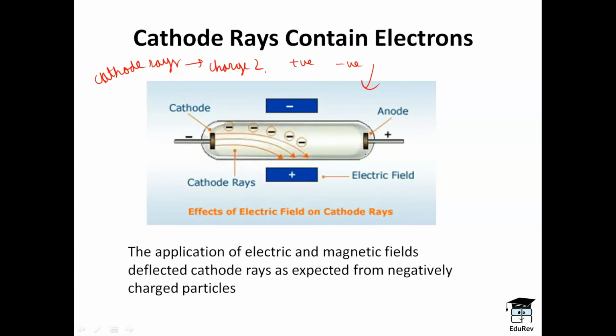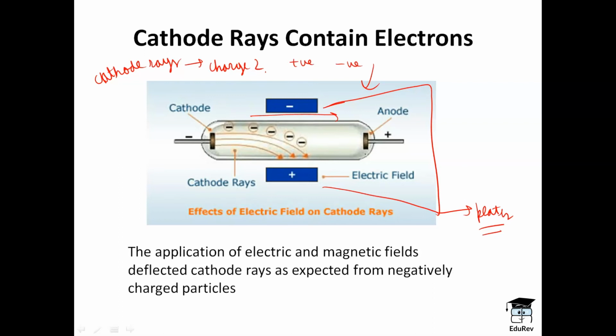In this experiment, electric plates were placed perpendicular to the cathode rays. This is a positive charge plate and this is a negative charge plate. And cathode rays were passed through them.